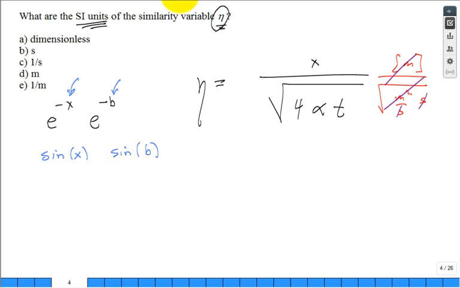What are the SI dimensions for x or b if I'm thinking about taking the sine or the cosine or the tangent? Well, they need to be in radians or degrees for your calculator, but what is a radian? Length over length. Dimensionless. So a lot of times when you see these functions, they really take inputs that are dimensionless. Just remember that, okay?